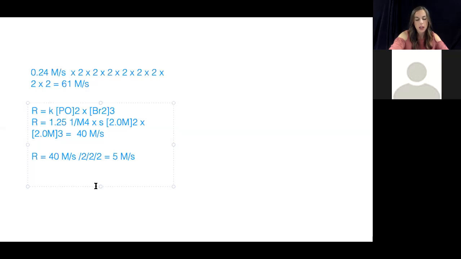Since the rate reaction equation yields a concentration in units of molarity to the 5th power, like I said, because we have molarity squared times molarity to the 3rd power, the rate constant needs to cancel out m to the 4th power, leaving m in the numerator, the calculated reaction rate. So in order to get this molarity per second unit that we want for reaction rate, we have to have m to the 4th power in the denominator.